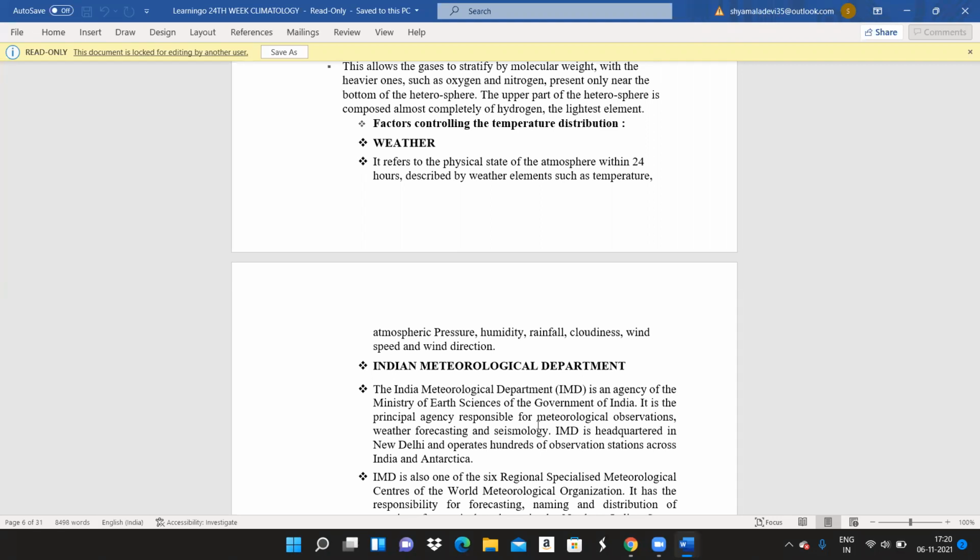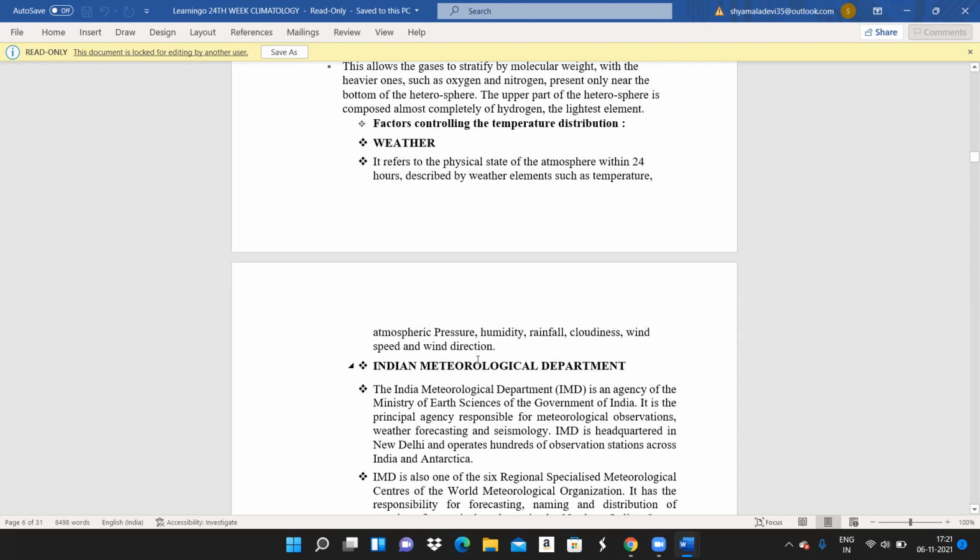Or in the morning it is cloudy, and in the afternoon it may become sunny. So weather is totally different. It refers to the physical state of the atmosphere within 24 hours. As I told you, we take 24 hours. It is described by weather elements such as temperature, atmospheric pressure, humidity, rainfall, cloudiness, wind speed, and wind direction.